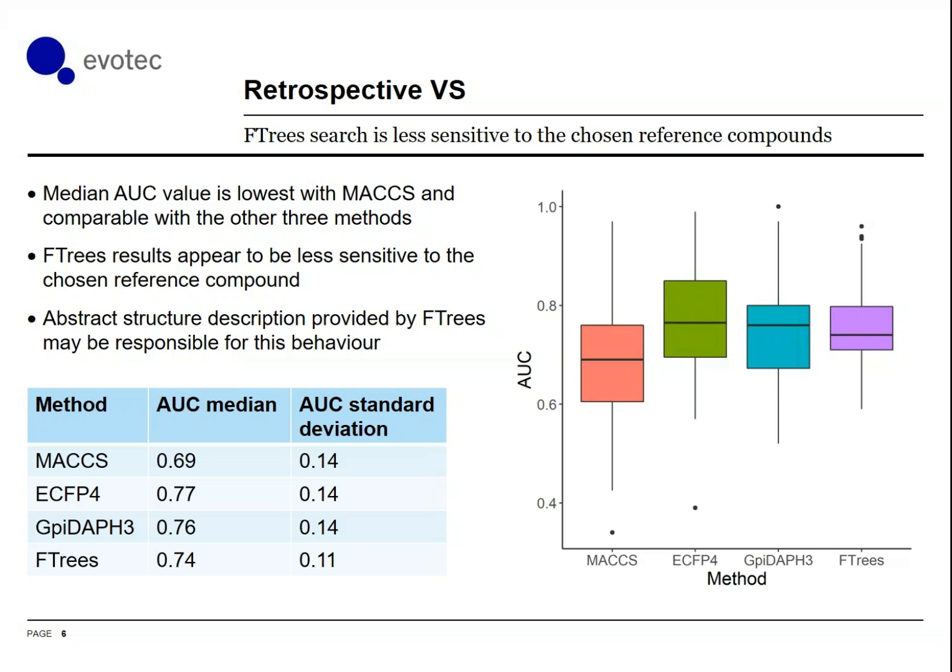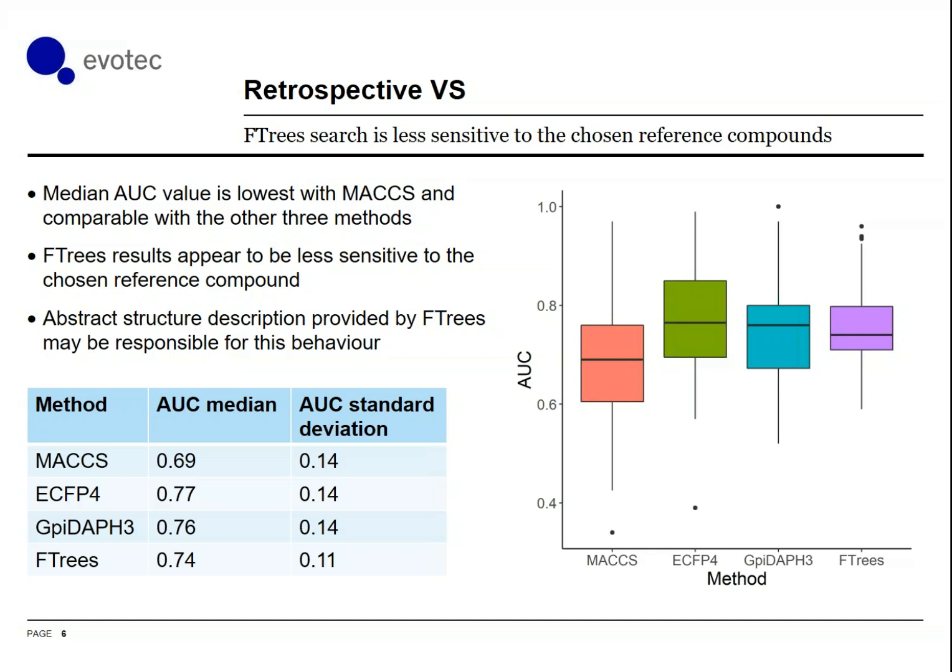I think the key message here is that the performance obtained with FTrees is comparable in terms of median value to those obtained with GpiDAPH3 and ECFP4, while it's superior to the median obtained with MACCS. The median values are also shown in the table below.